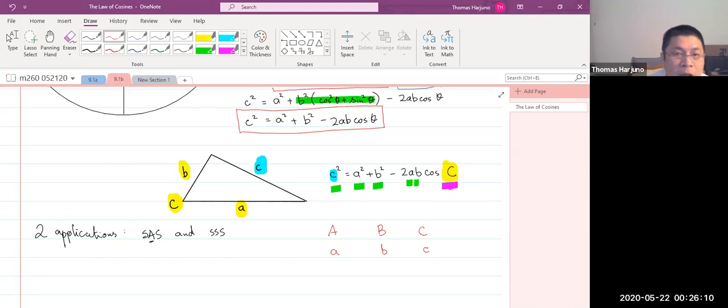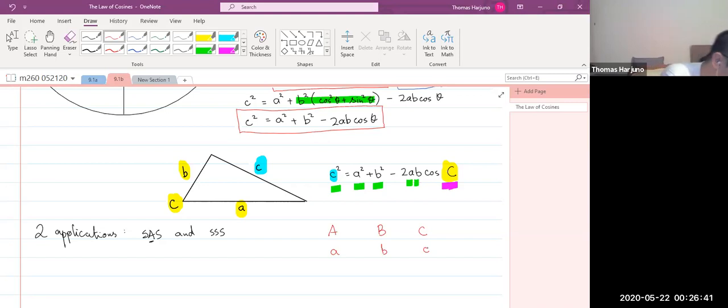Law of cosine completes what law of sine cannot do. So in a situation that law of sine is not doable, then use law of cosine. In fact, you will see later on that law of cosine is actually slightly more powerful than law of sine.